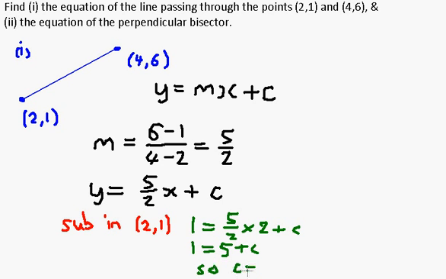So c must be equal to minus 4. So the equation of our line is y is equal to 5 halves x minus 4.